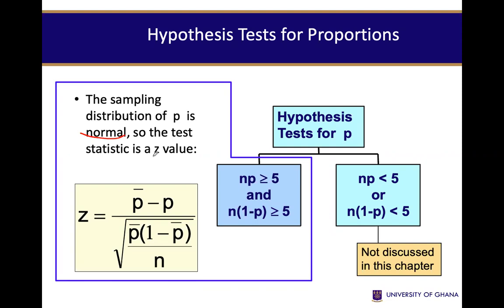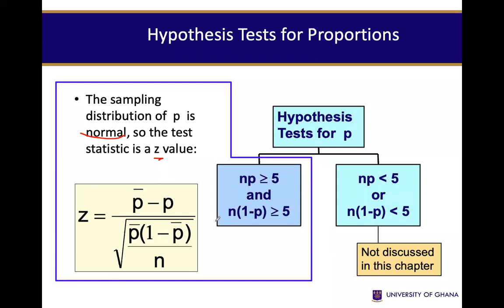So basically, we are going to use a standard normal table or a Z distribution, and the test statistic is identified as p bar, which is the sample proportion, minus p, where p is actually the hypothesized proportion.